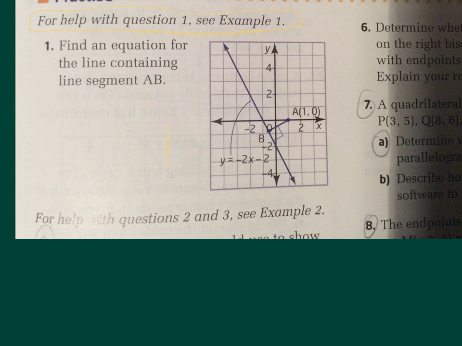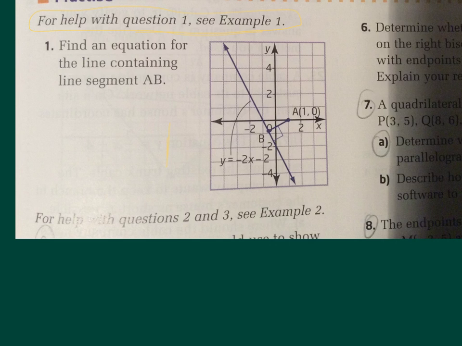So if you just follow that example and you read through those examples before you try the questions, then it should be quite straightforward for all of these, and there's several of them where it says that. For example, question 2 and 3, it says see example 2, and so on. So please go back and read through those, all right?